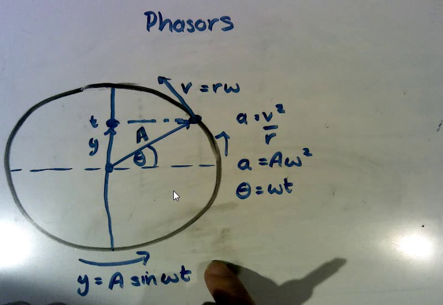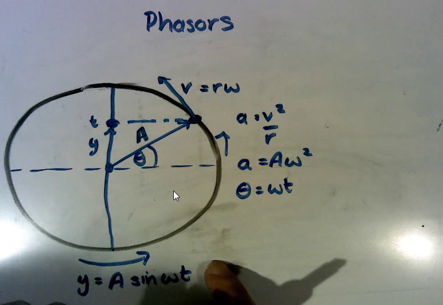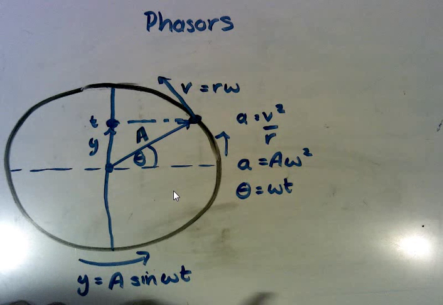Now when we're looking at a velocity phasor, our velocity is going to be out of phase with our displacement, and we've looked at that also before.